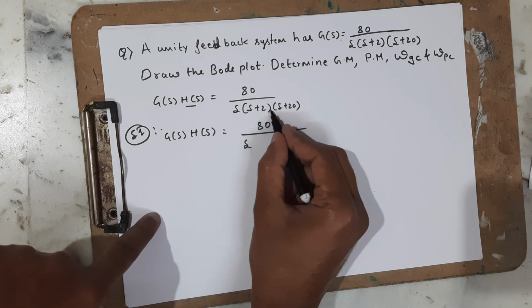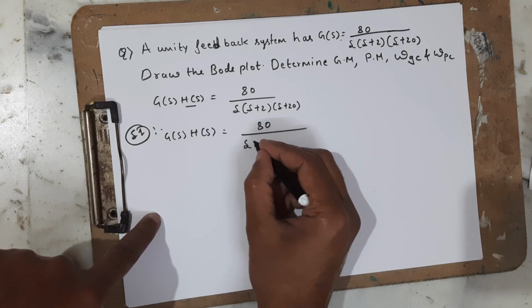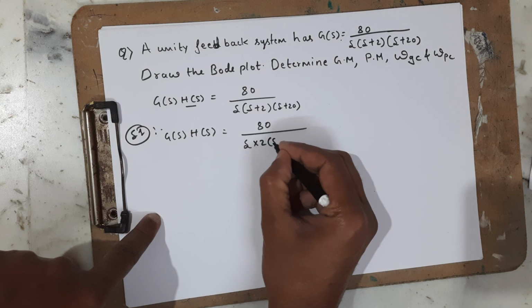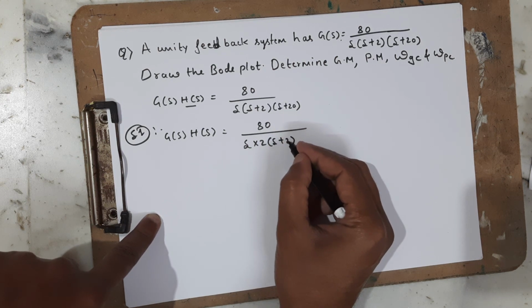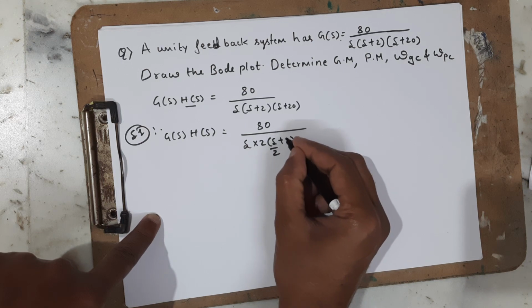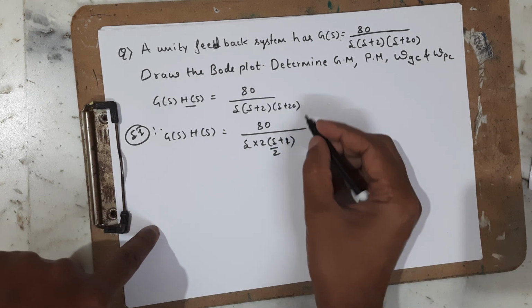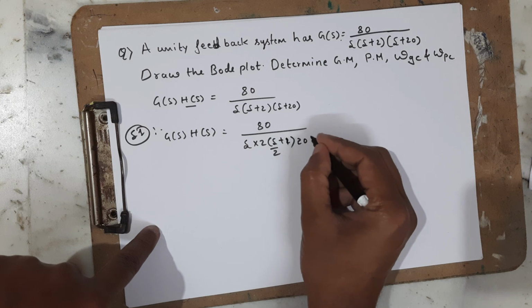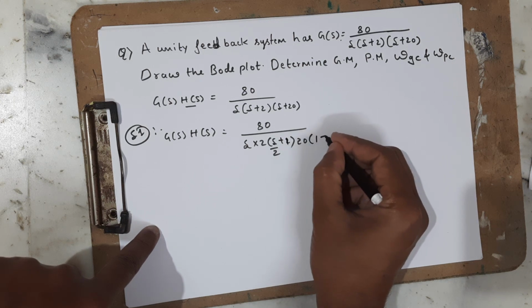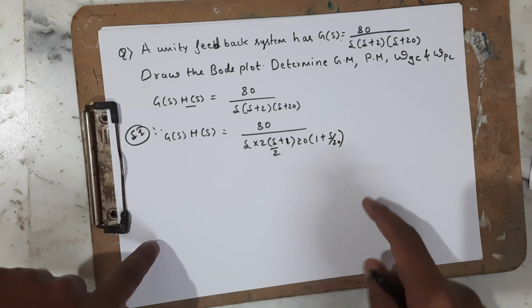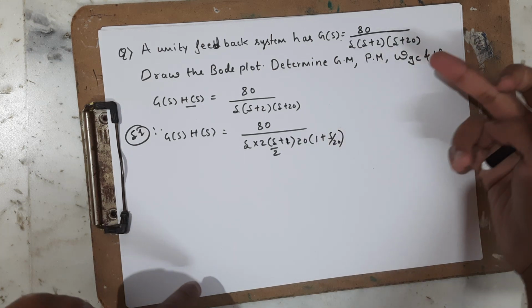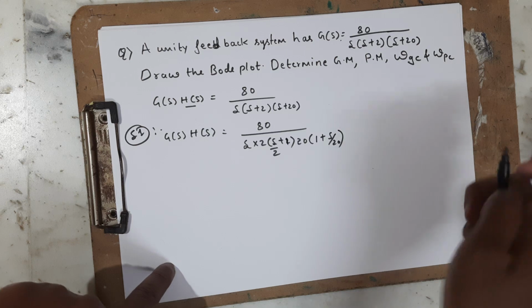Out of s plus 2, I am going to take 2 as common, so I write it as 2 times (1 plus s by 2). Similarly, out of s plus 20, I am going to take 20 as common, so I can write this as 20 times (1 plus s by 20). So this is how we convert the given standard form to time constant form.